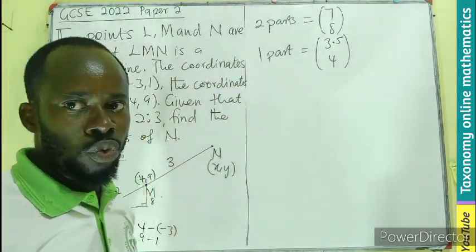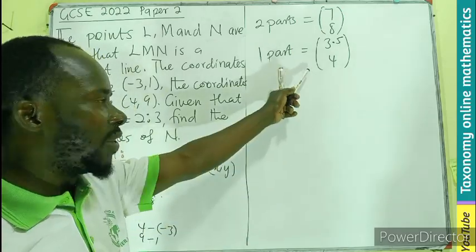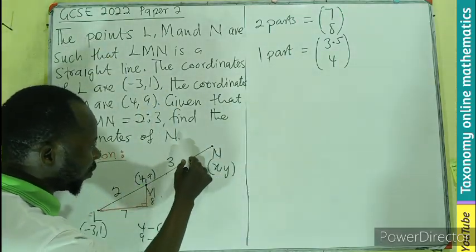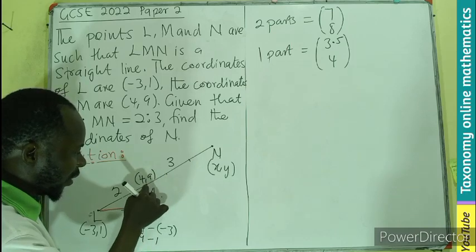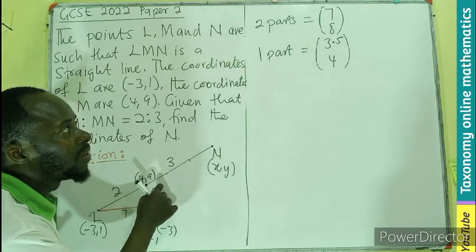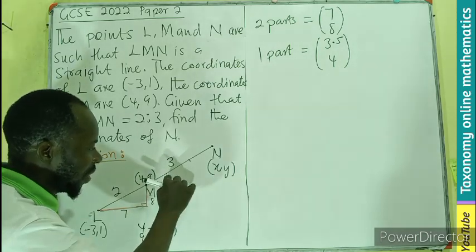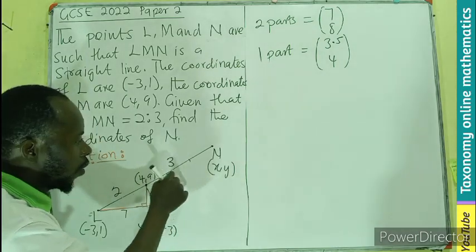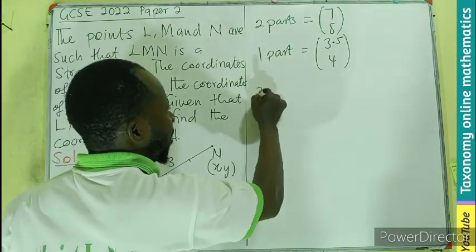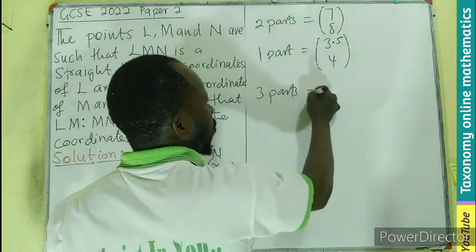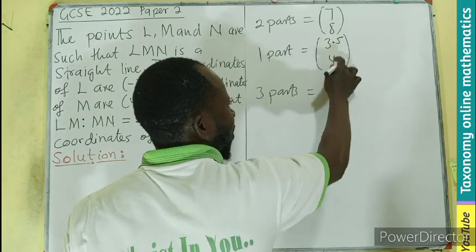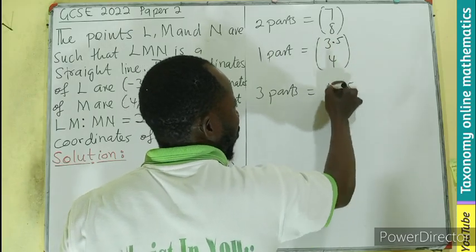This gives us one part. So any triangle I draw for 1 part will give me 3.5 on the x-axis and 4 on the y-axis. So 3 parts is going to be 3 times this: 3 times 3.5 will be 10.5, and 3 times 4 will be 12.